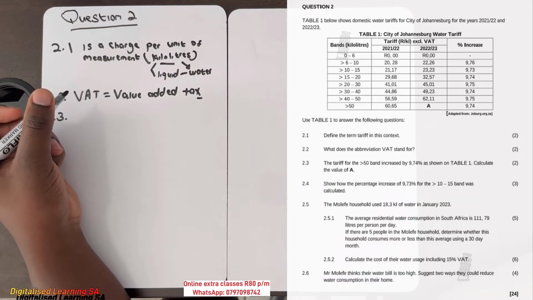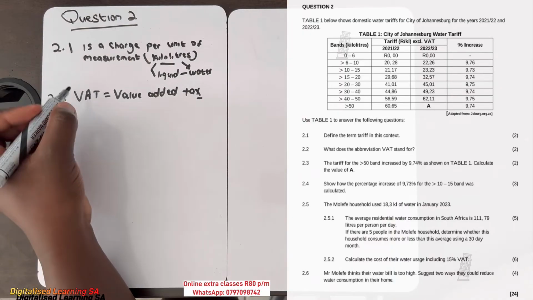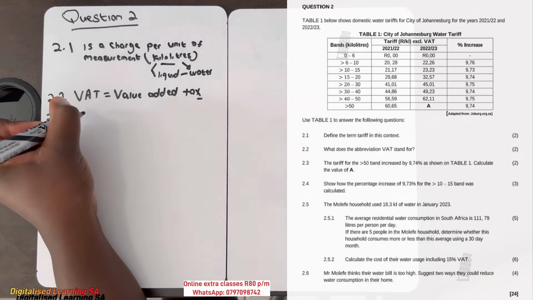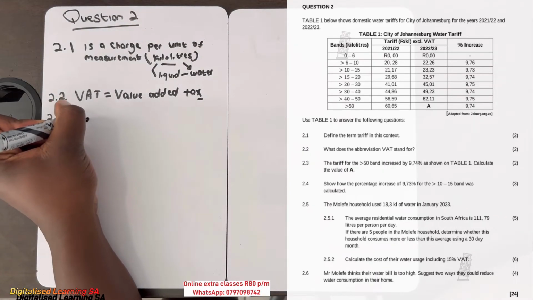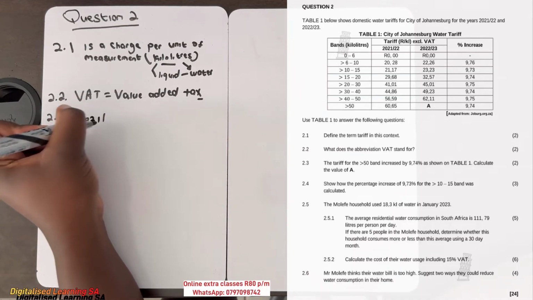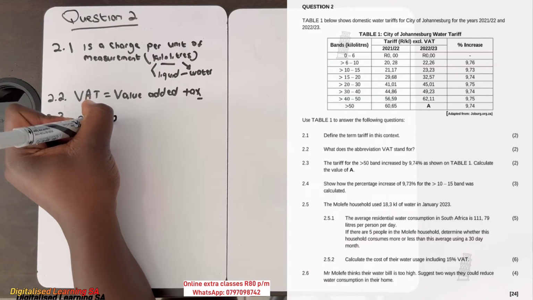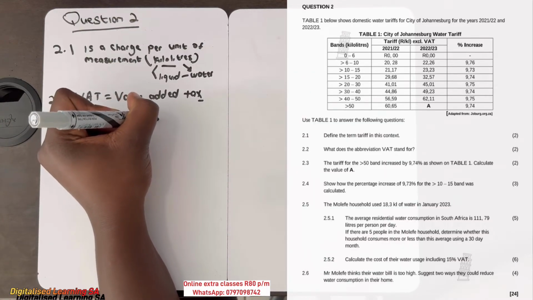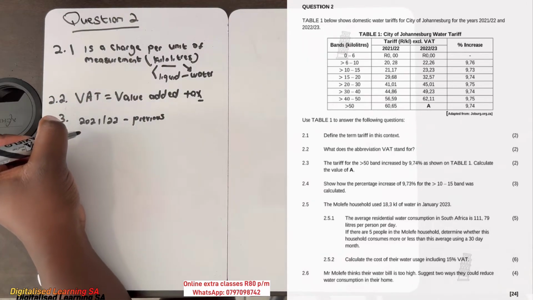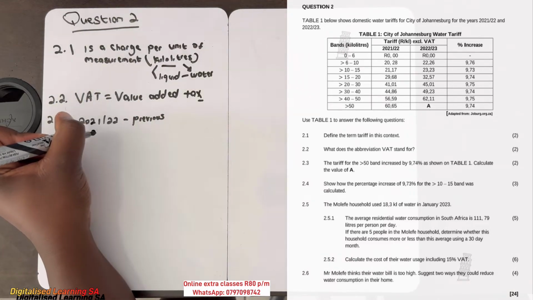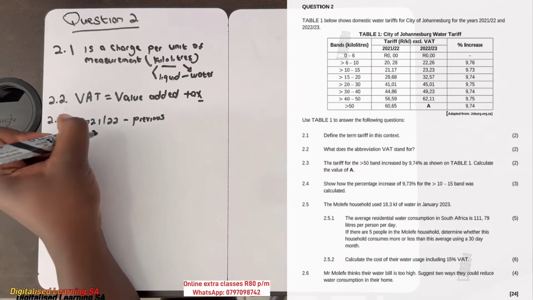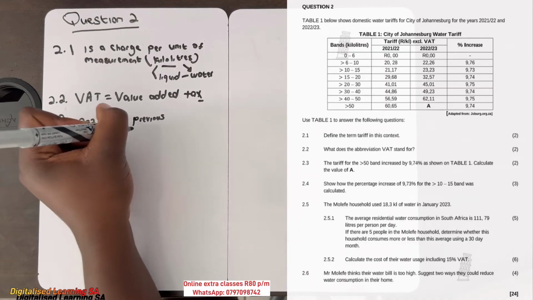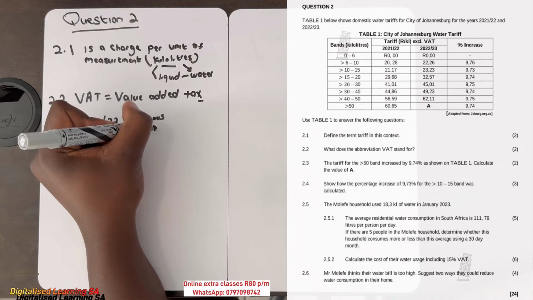There are two methods that we can use to get the value of A. So remember that we have a previous year, which is 2021 to 2022. This is the previous year. And we have 2022 to 2023. This is the current year.